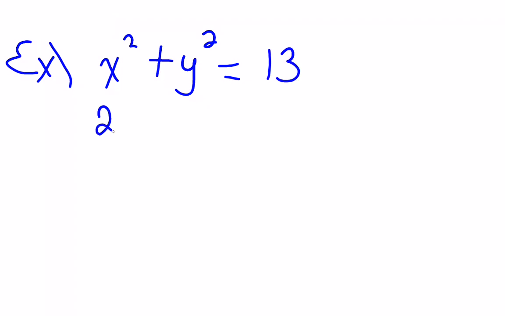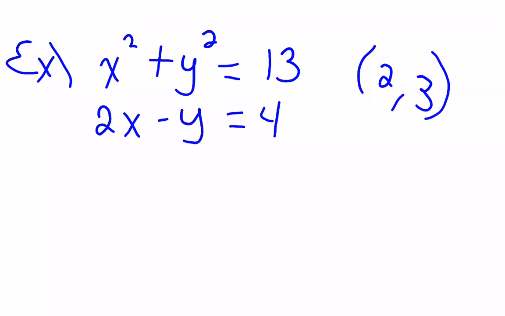So they give us x squared plus y squared equals 13, and they give us 2x minus y equals 4, and they give us a point (2, 3), and they ask us if that is going to be a solution to this system.